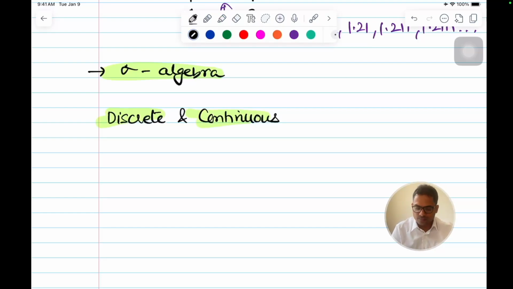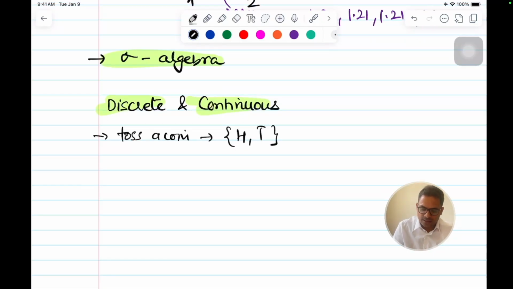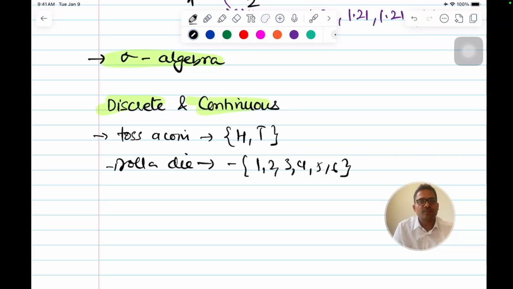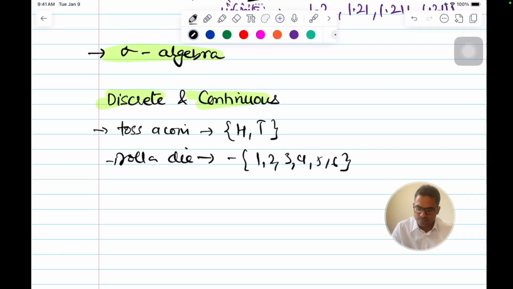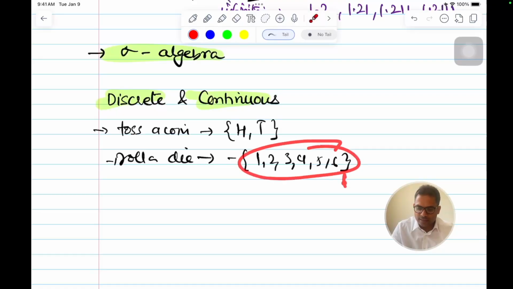Discrete is anything that is countable. For example, when I toss a coin, there are only two possible outcomes, right? Head or tail. So this is discrete. If I roll a die, I can have only 1, 2, 3, 4, 5, 6. These are the only possible outcomes. So this is discrete.